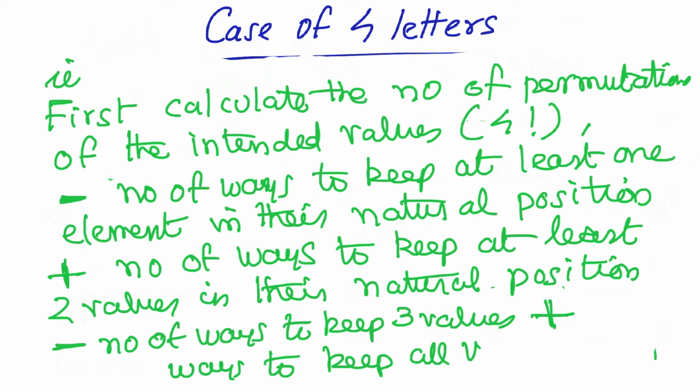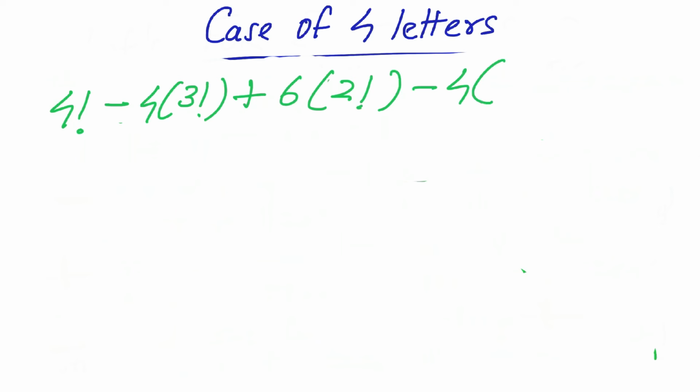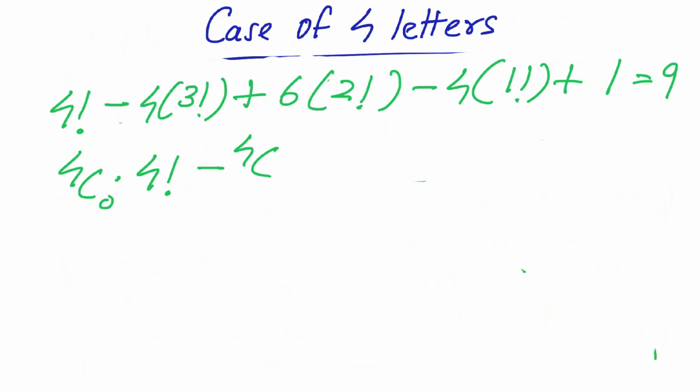So you can see that it's an alternating subtraction and addition based on the inclusion-exclusion principle. Totally it's 4 factorial minus 4 times 3 factorial plus 6 times 2 factorial minus 4 times 1 factorial plus 1, that's 9. So for 4 letters, that is when n is 4, the derangement value is 9.